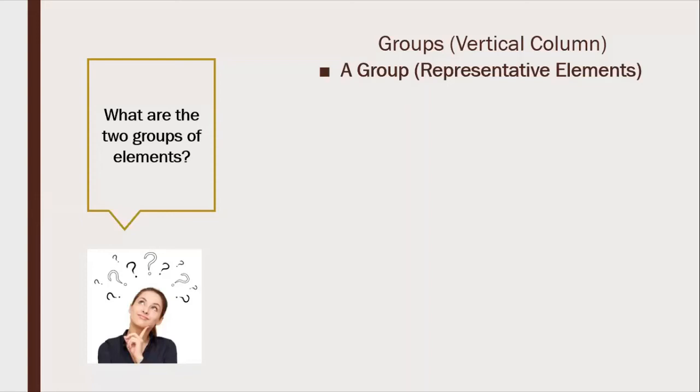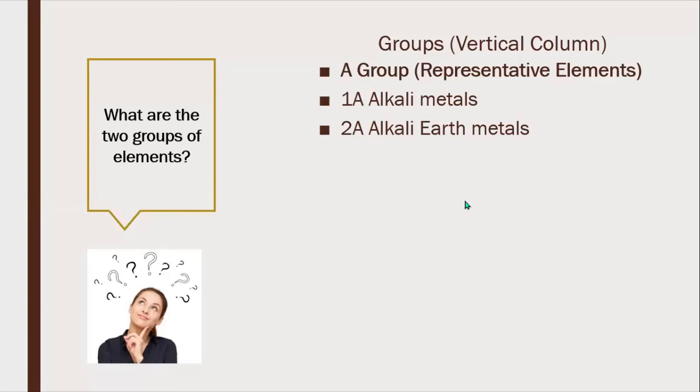Ano-ano yun? For group 1A, we call it alkali metals. Lahat ng nasa group 1A are called alkali metals. Pababa po ang laging tingin nun. And then for group 2A, this is what we call the alkaline earth metals.